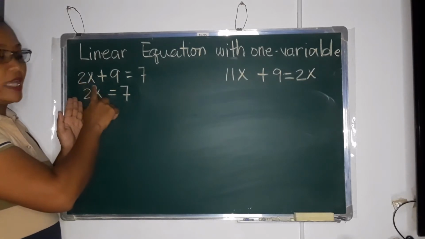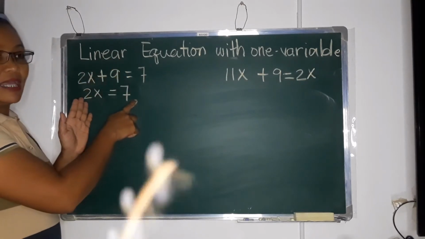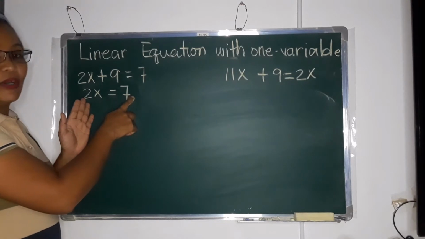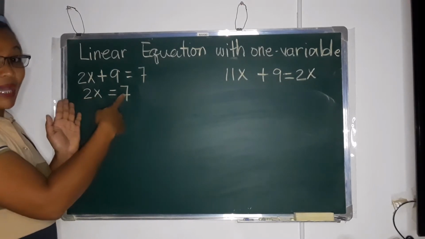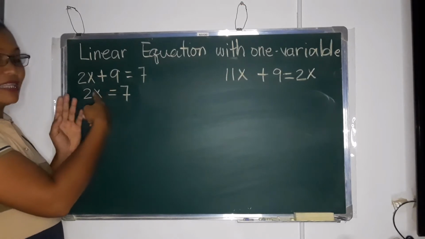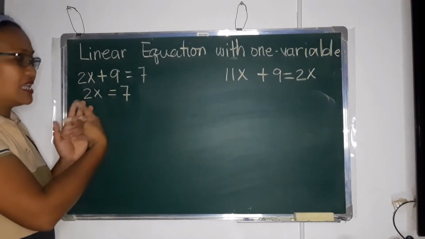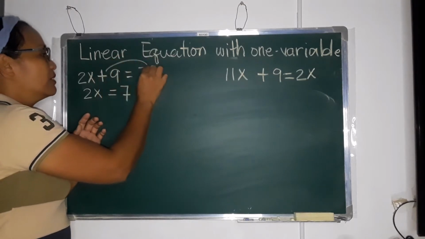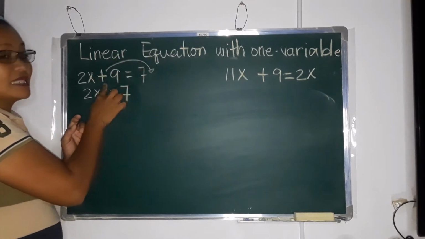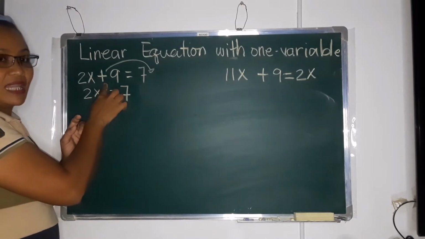We need to join 7 and 9, which are both constant. Okay, combine like terms, but they are not like terms, but they are both constant. So positive 9, we will move it to the other side over equal sign. The sign becomes negative.